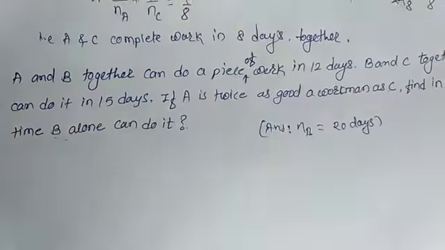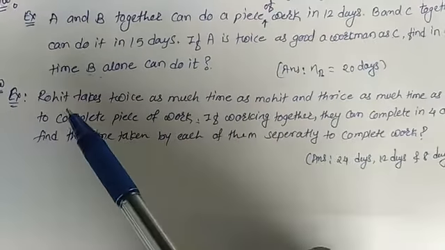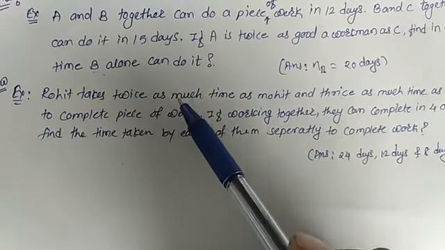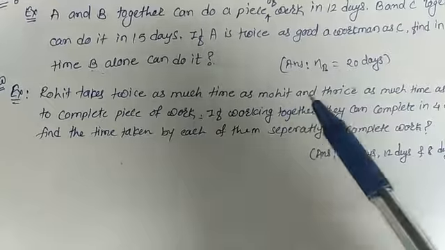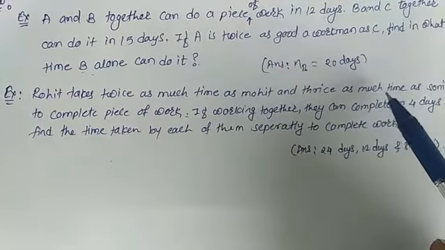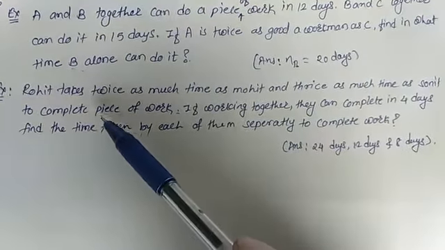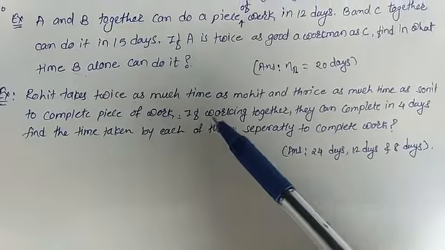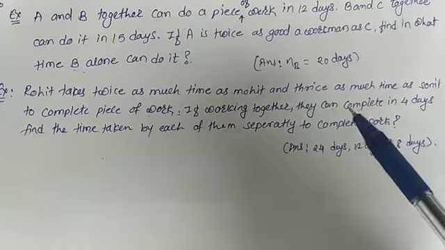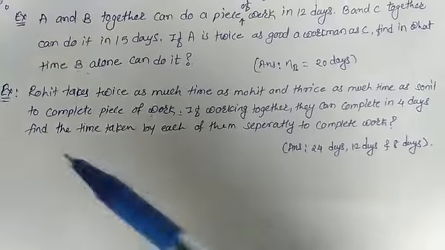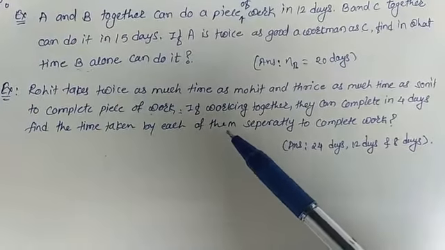Next example for homework: Rohit takes twice as much time as Mohit and thrice as much time as Sonit to complete a piece of work. If working together they can complete it in 4 days, find the time taken by each of them separately.